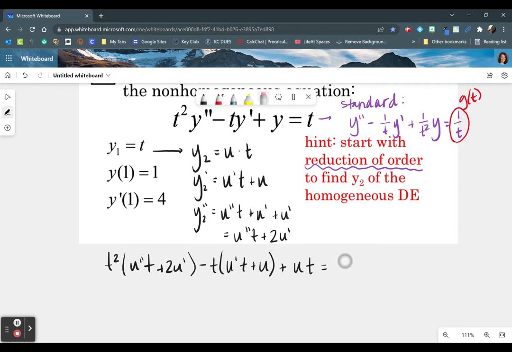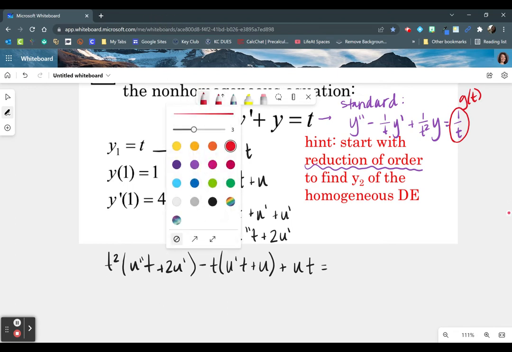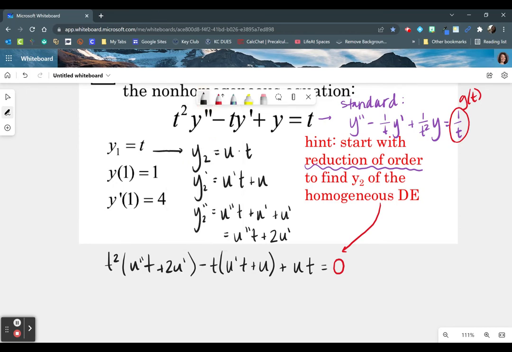Oh, and actually, you saw I wrote equals t there really quick. So we are going to do this to find the homogeneous portion of our solution. So we are going to go ahead and use equals 0 for that to find the homogeneous differential equation solution here.